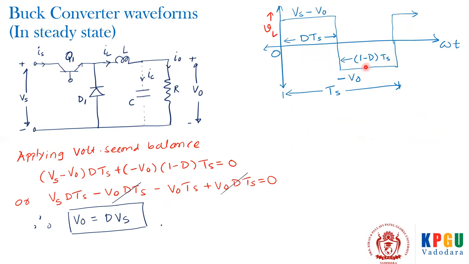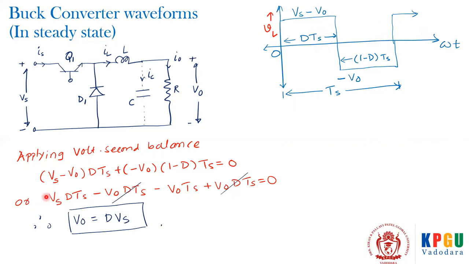We are just considering the voltage across the inductor waveform in one time period. So we know that applying the volt-second balance in one time period, the average voltage across the inductor is to be 0, or the area under the curve should be 0.